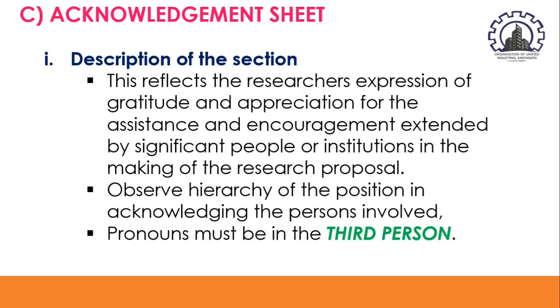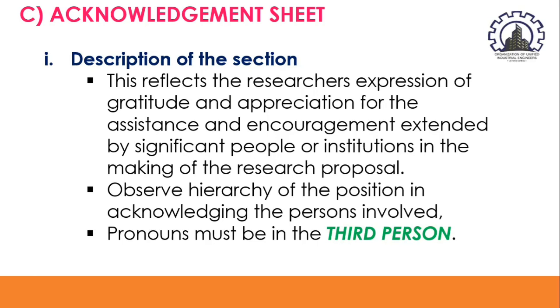And going back to the hierarchy of position, if you acknowledge someone, of course, it is expected in your study that there will be, let's say, 5 or more or less 5 people, individuals or institutions who would be significant to your study, okay? Now, in acknowledging somebody, you should observe hierarchy.